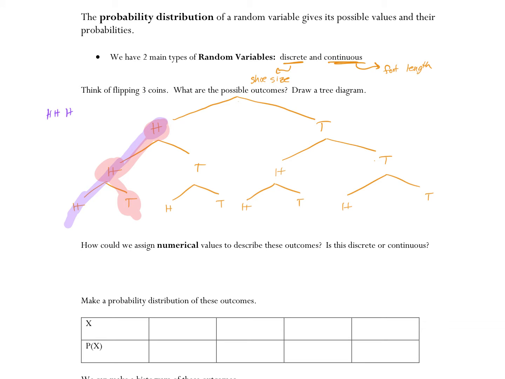Do you guys see what's going on now? As we list our possible outcomes, we have heads, heads, tails. And then heads, tails, heads. And then heads, tails, tails. And all I'm doing is tracing the different branches.